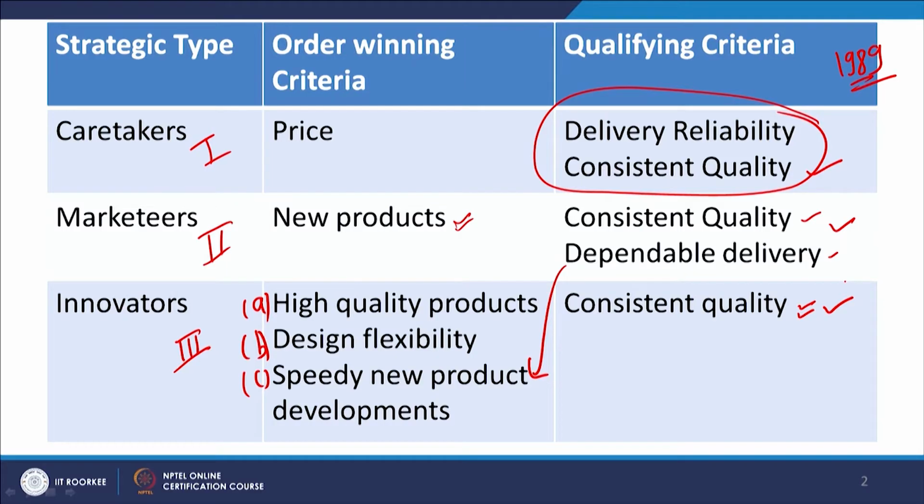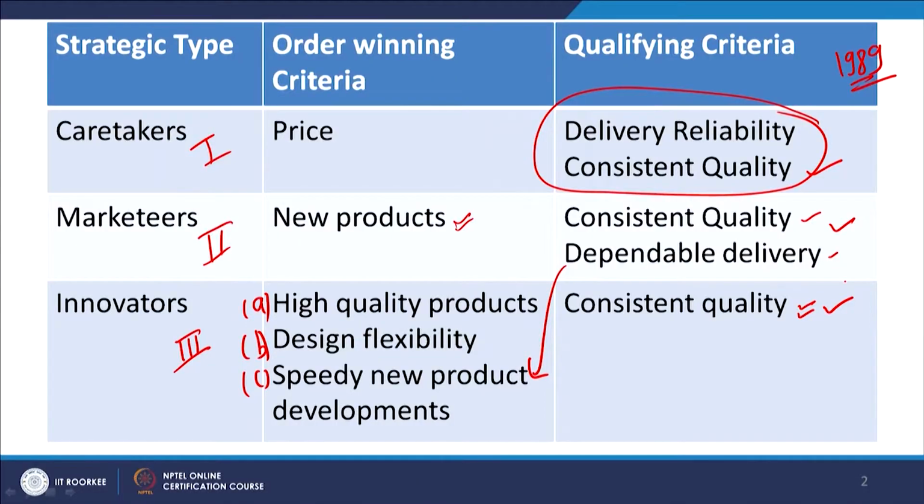Therefore, quality was no longer a winning criteria for those organizations which were part of the Roth and Miller study, and quality remained a qualifying criteria. Even today you will see that for a variety of products quality will remain a qualifying criteria only.